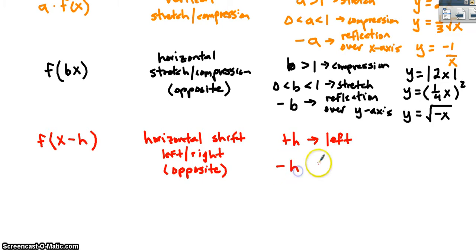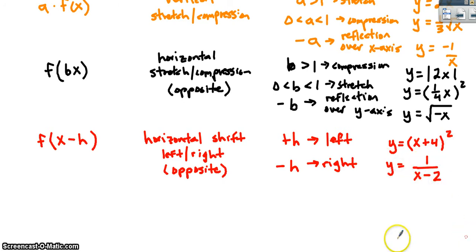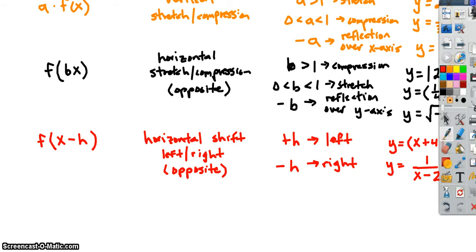And if you get a minus h, that's going to move you right. That's counterintuitive because the positives are on the right side of the graph and the negatives are on the left side. That's where the opposite comes in. So this would be like y equals x plus 4 squared, or something like y equals 1 over x minus 2 in those different parent function examples.